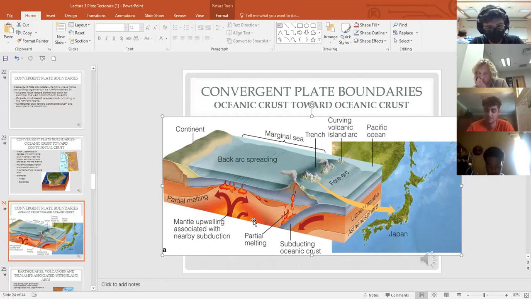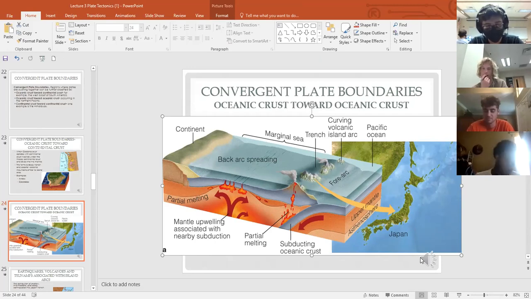It just adds a little more variable in Japan. Japan's very tectonically active because you have an upwelling associated with your convergent zone. So there's a lot of tectonics happening here in Japan.